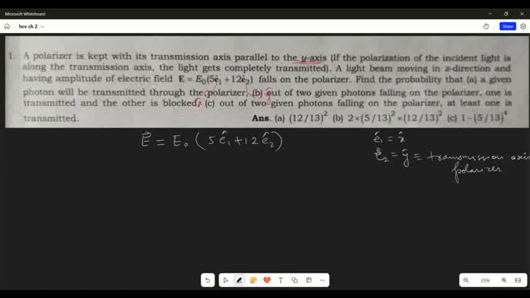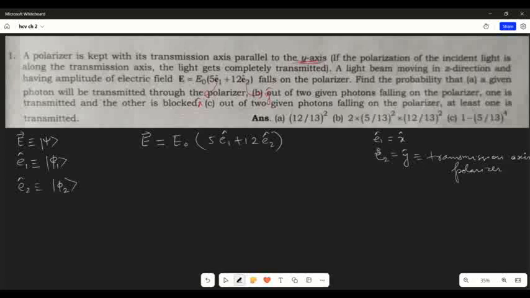So let us just change the notation. Let's denote E as ket psi. This is not an equality, we are just denoting it, writing in terms of the basis states that we use in quantum mechanics, the Dirac notation. The direction E1 cap, let's call it ket phi 1, and direction E2, let's call it ket phi 2.